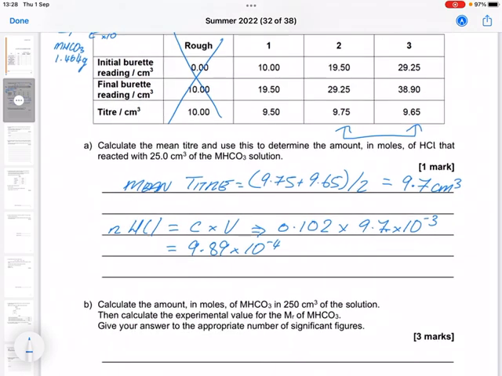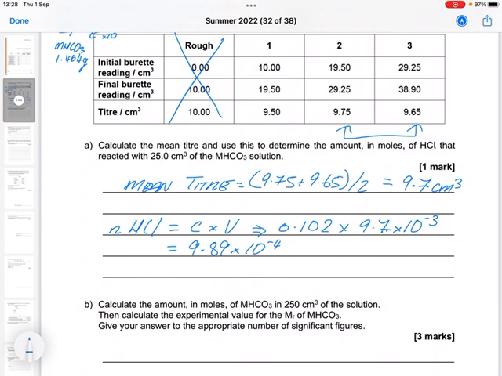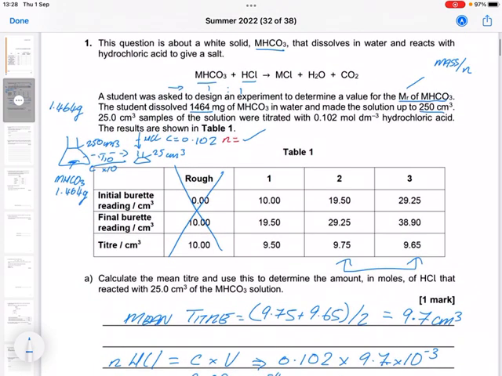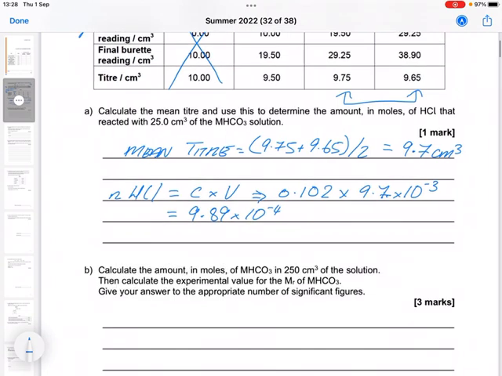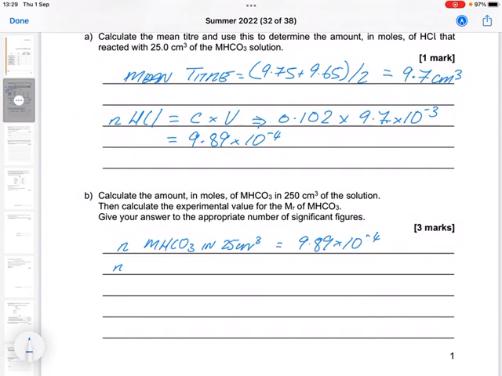So part B, calculate the moles of MHCO3 in the 250 centimetres cubed solution. So my hydrochloric acid reacts with MHCO3 in a 1:1 ratio. So I'll start with the number of moles of MHCO3 in 25 centimetres cubed is the same, 9.89 times 10 to the minus 4. So to go back to 250 centimetres cubed, I need to times that by 10.